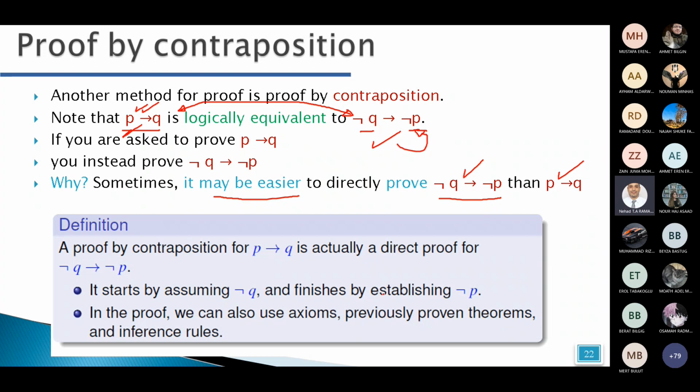So how to use it? We start not with the conclusion, but with the opposite of the conclusion. We assume it's correct, and we finish with not the assumption being correct. In this case, if not Q gives us not P, this means P will give us Q, because they are logically equivalent.